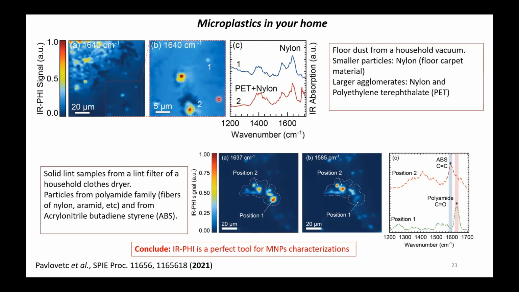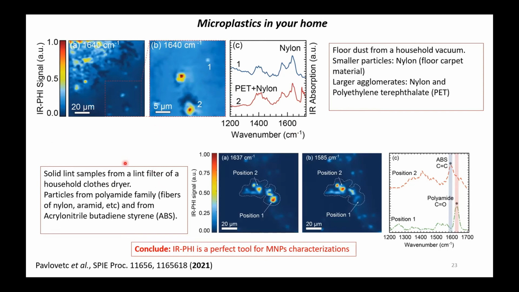But what's interesting is that some smaller particles show features only correlated to nylon, while larger agglomerates have some extra features that can come from, for example, PET plastic, which is what water bottles are made of, or maybe PMMA or something else. But this is a concern. This is what you inhale in your apartment, your home.